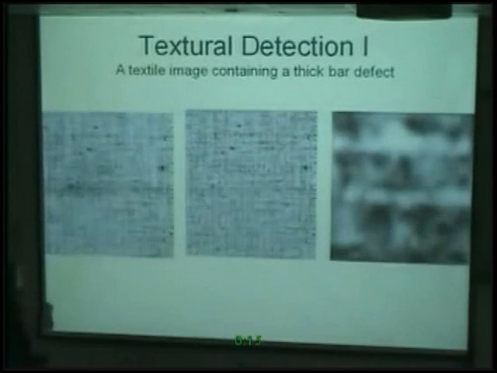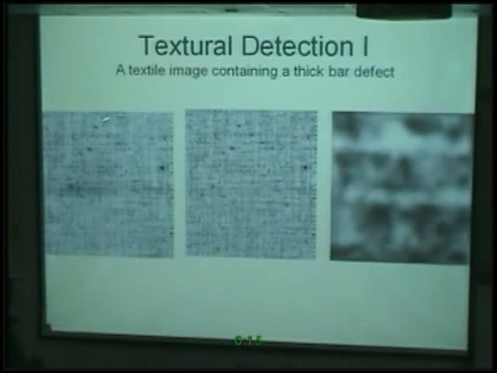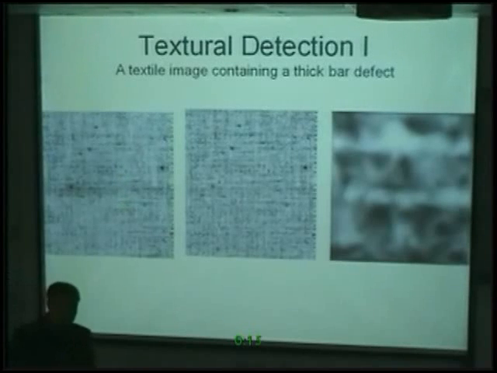For example, if you get a piece of cloth like this, and this original image has texture, this little structure, which actually is in the small pattern, and they are large patterns of defects.